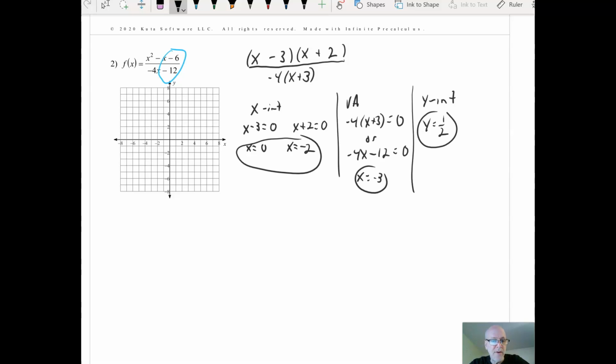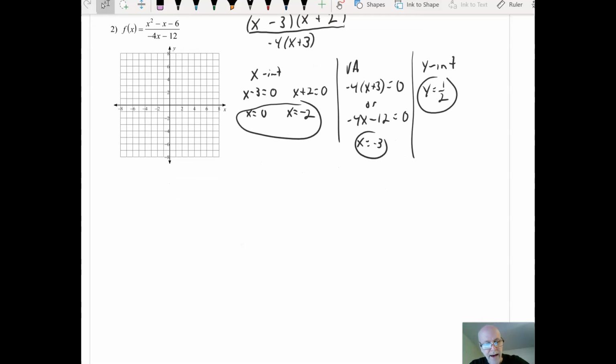What about end behavior? Unfortunately, and we always hope that's not the case, but when we have a numerator that's more than the denominator, it just means there's an extra step and we have to do long division. So for the oblique asymptote, we have to do -4x minus 12 into x squared minus x minus 6.